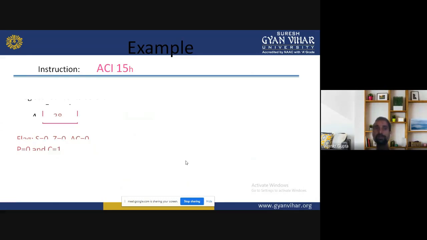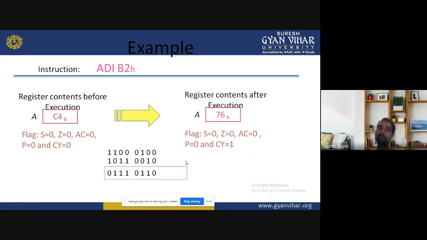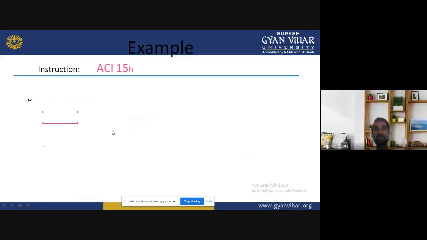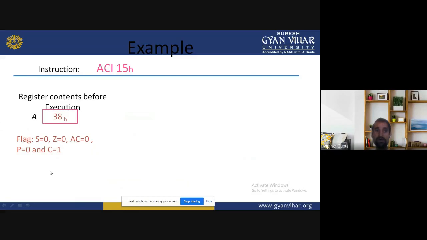ACI 15H. In the previous example, we were not bothered about the flag register, but in this instruction, we take the carry flag, the previous flag. Now, the same example I will take again, addition of two 8-bit numbers.